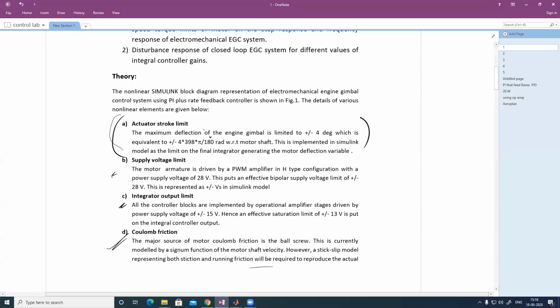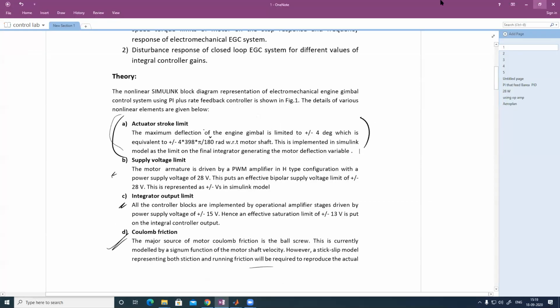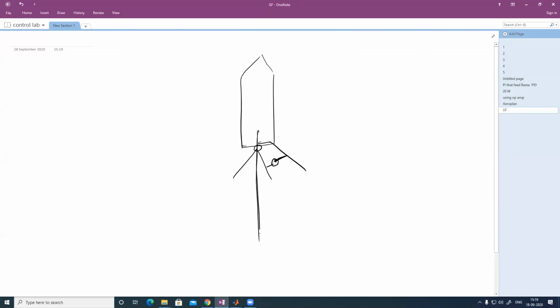This is actually a gimbal control, a gimbaling point. This is the mounting bracket, and here the actuator is coming. With respect to this plane, it can have plus 4 degrees and minus 4 degrees on the output side.